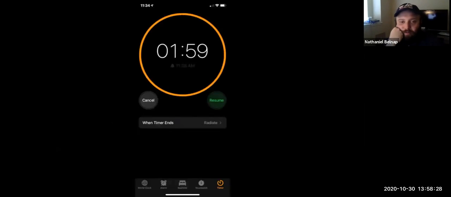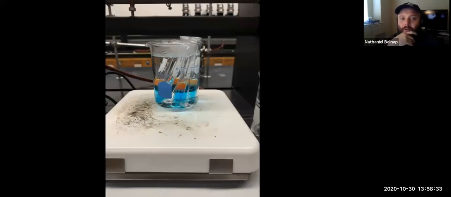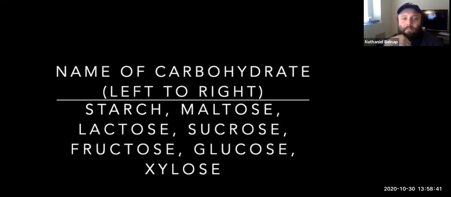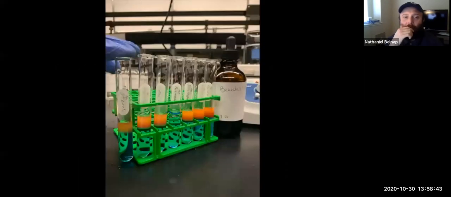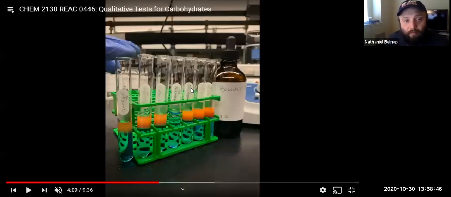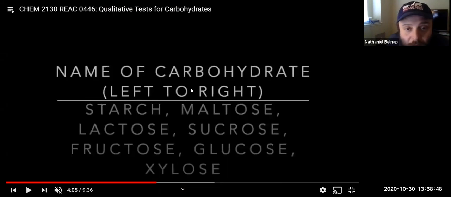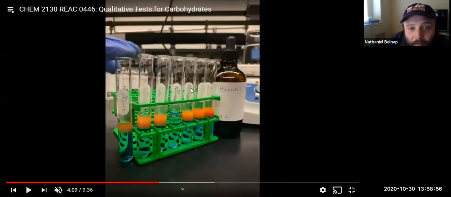So yeah, after the 2 minutes, we're gonna see what our observations are. Okay, great. So left to right: starch, maltose, lactose, sucrose, fructose, glucose, and xylose. So it looks like they're all... except for, what does that say?